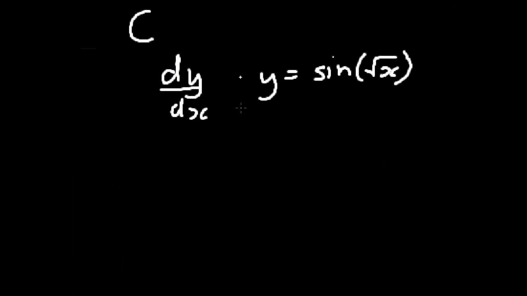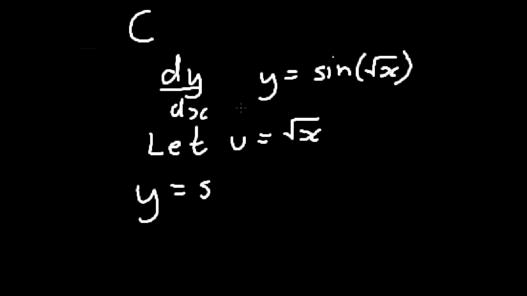So we can make this nice and easy. We can see there's the function on the outside. Actually, I'll do it the proper way. I'll say let u equal the square root of x. Therefore we have y is equal to sine of u.